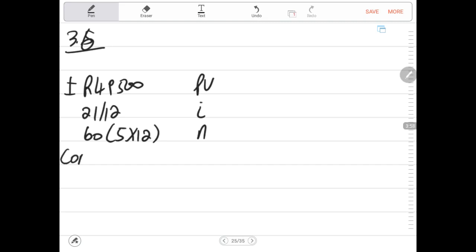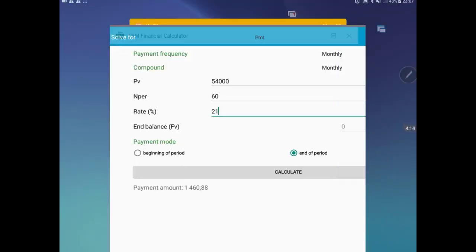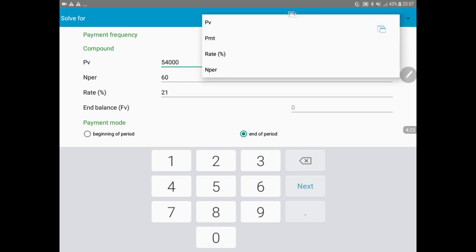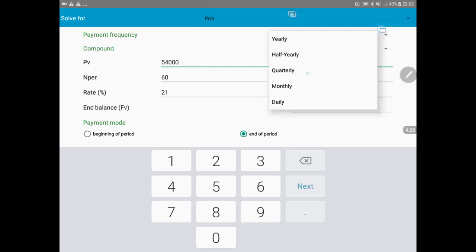Then what are we calculating? We want to know how much the payments are that Mr. Jones is going to be paying over the period of 5 years. We are calculating PMT. Now, calculating PMT, let's go to our calculator. I'm just excited with the calculator this time around. Solve for, there on top, solve for PMT. Make sure that is PMT. Interest frequency or payment frequency, it is monthly.